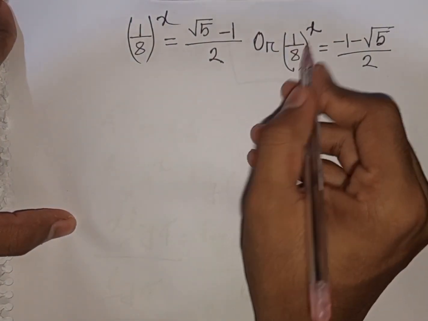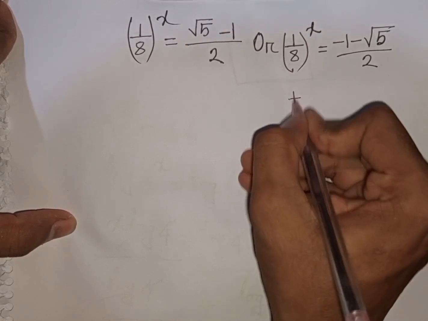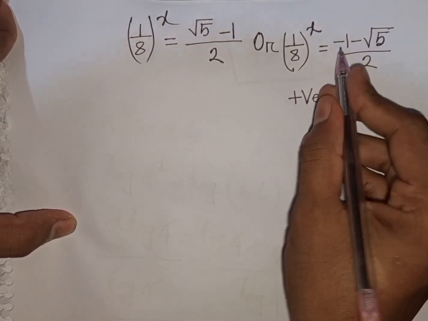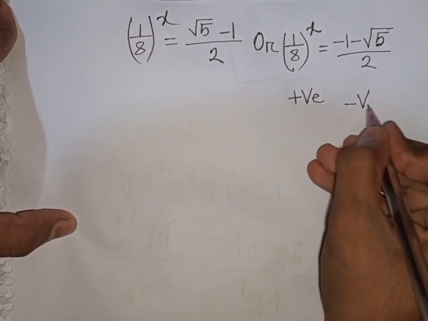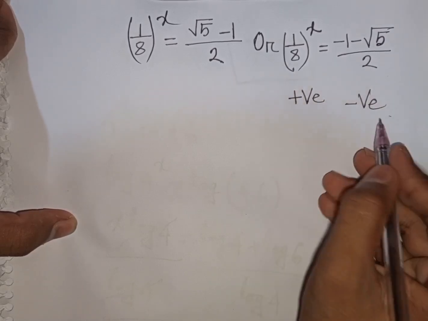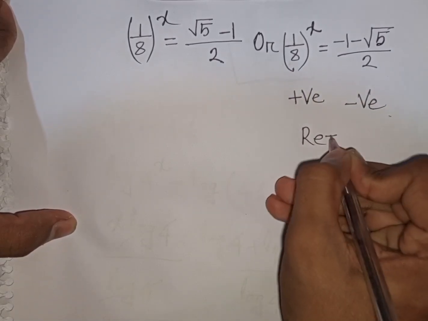We see (1/8) to the power of any number is always positive, but this is negative. So, positive cannot be equal to negative. So, this is rejected.